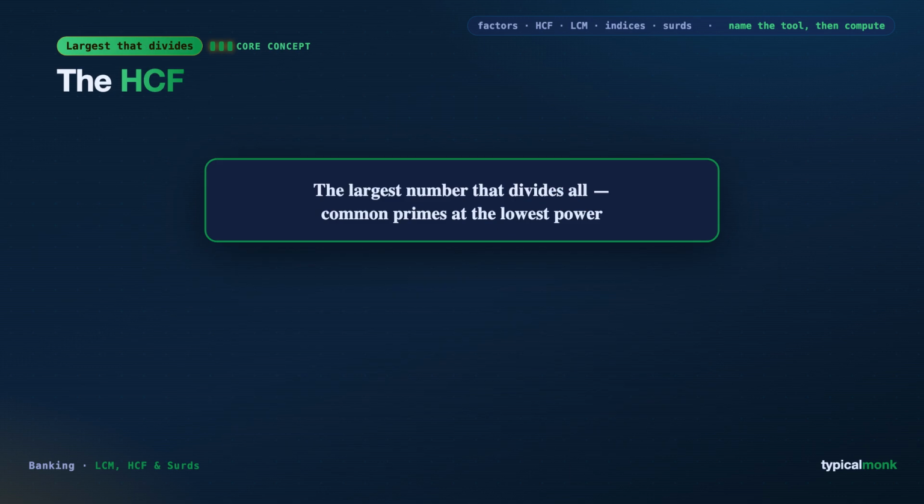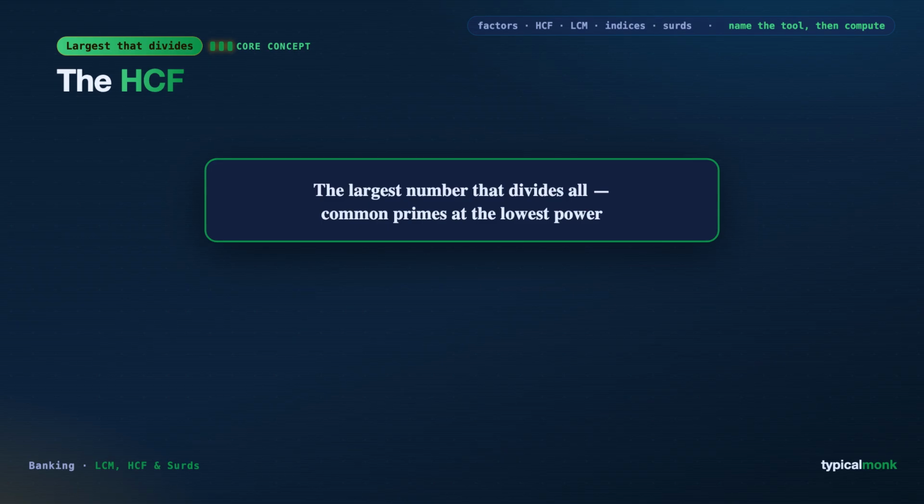Now the first of our two tools, the highest common factor, the HCF, sometimes also called the greatest common divisor. The HCF of two or more numbers is the largest number that divides all of them exactly. Consider 12 and 18. The factors of 12 are 1, 2, 3, 4, 6, 12.